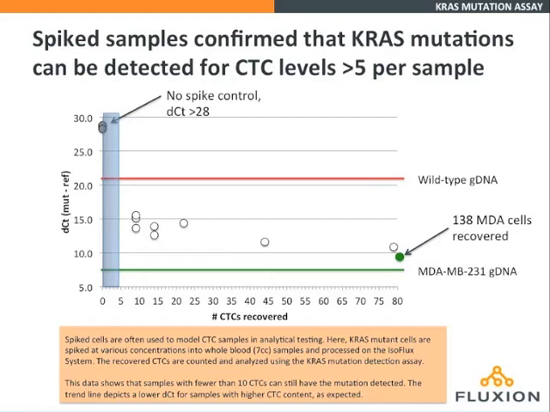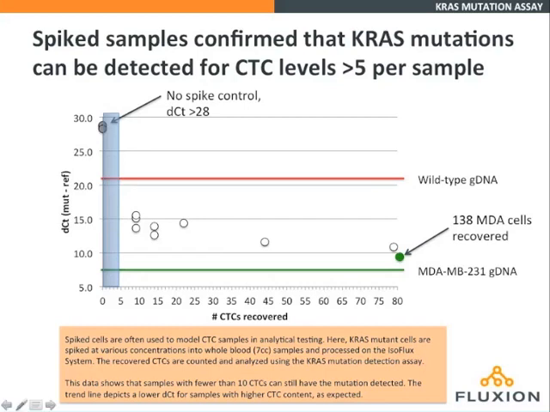Our backgrounds in the IsoFlux instrument for clinical samples are closer to 500 to 2,000 white blood cells. Therefore, you'll see here that the separation between the wild type and the mutation positive samples is actually better in our simulated IsoFlux samples. That's likely because the background is lower.